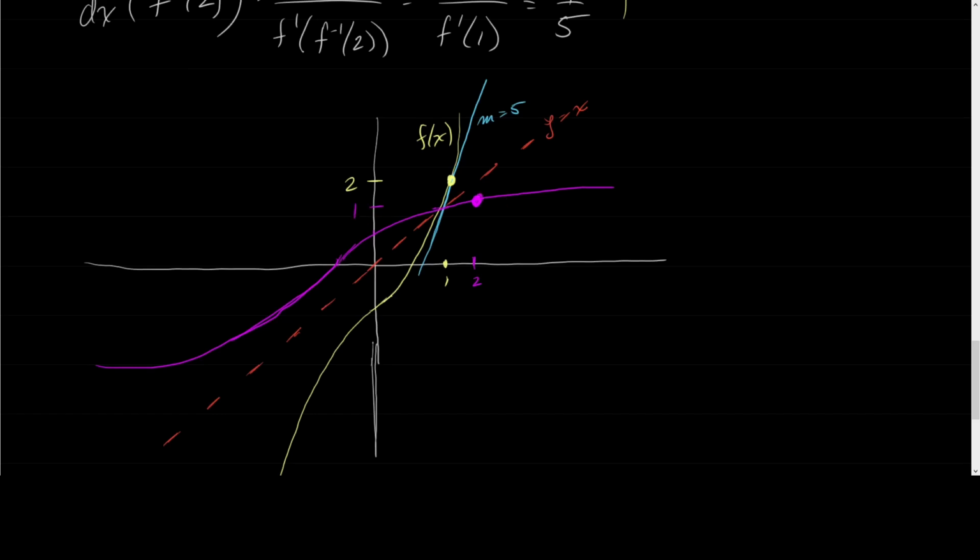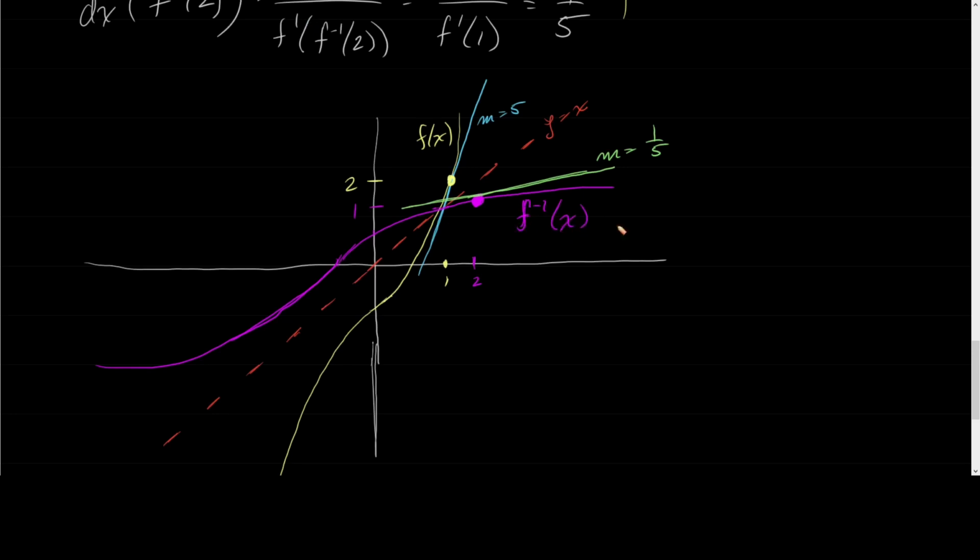And here, at that point 2, 1, we're going to have a tangent line. And we found that the slope of that tangent line is 1/5. And there in purple, that was f inverse of x.